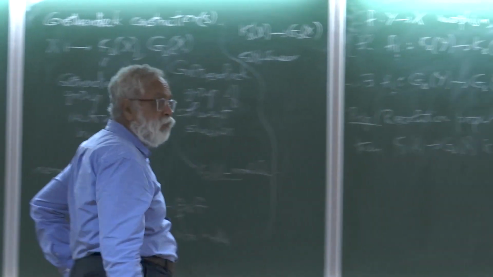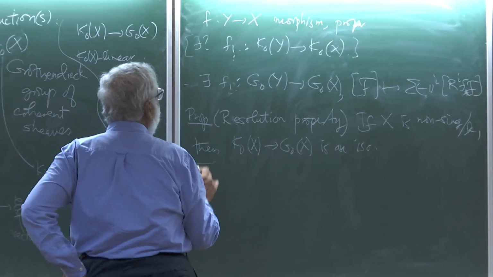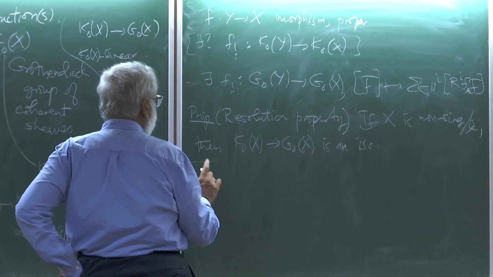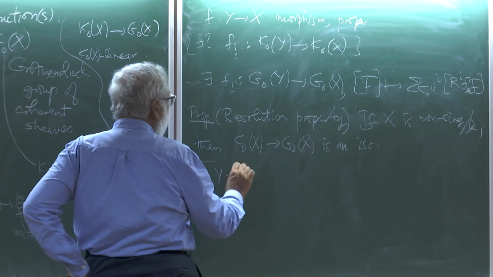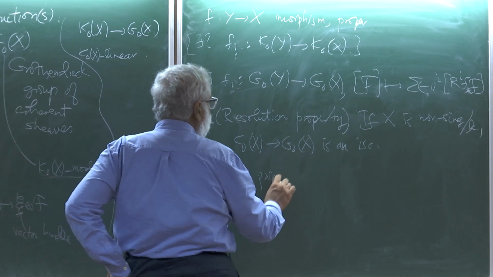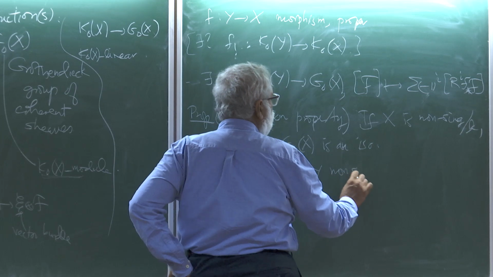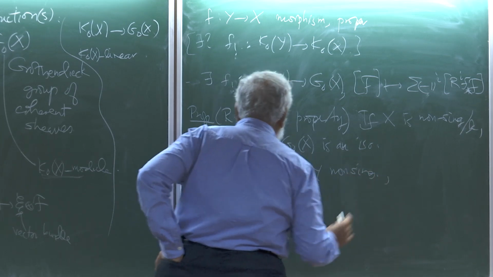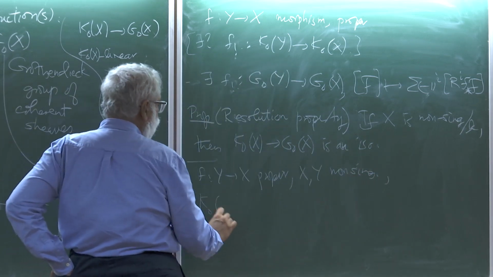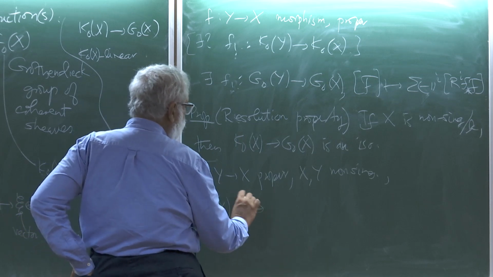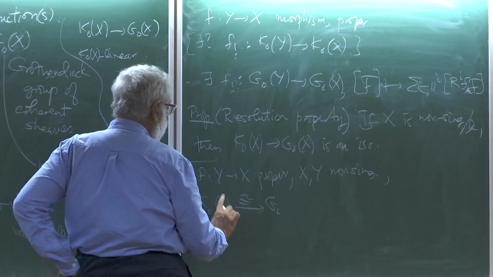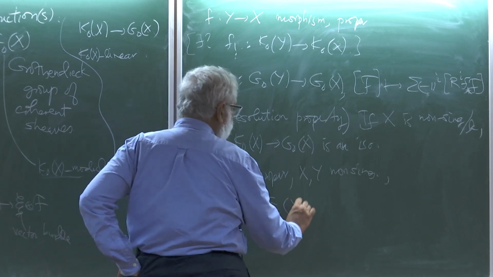Because then if we had this property, then if I have f: Y to X proper, where X, Y are non-singular, then I can look at the following composition. I can go K0(Y), this is isomorphic to G0(Y).